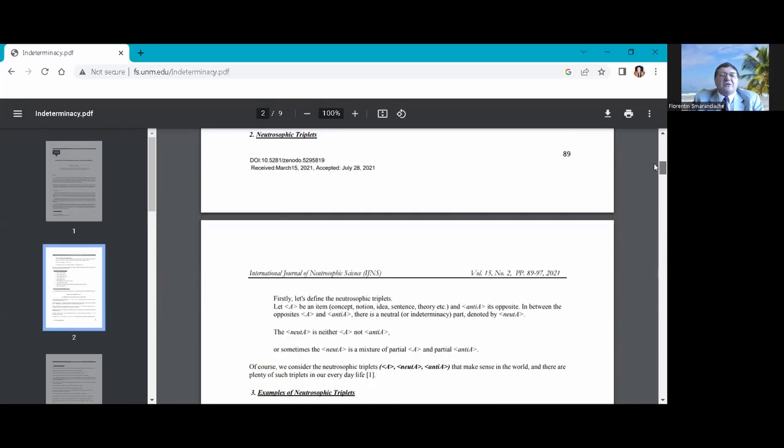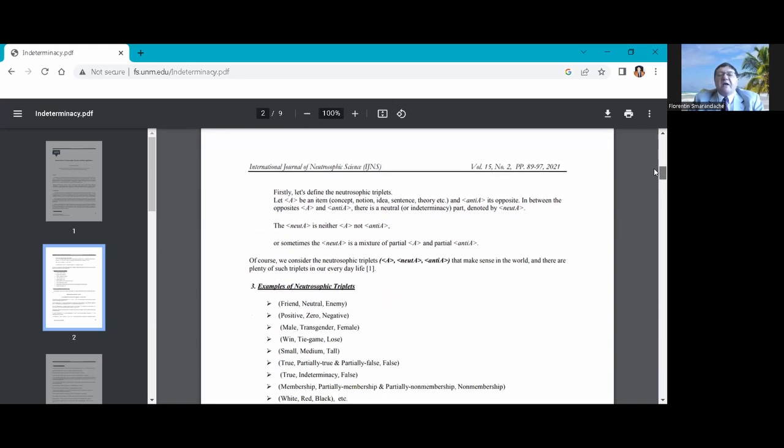So we have Neutrosophic triplets, meaning A, which is considered an item, concept, notion, idea, sentence, theory, and anti-A, which is the opposite of A, and in between A and anti-A, we have the neutral or indeterminacy part, neither A nor anti-A, or actually partially A and partially anti-A.